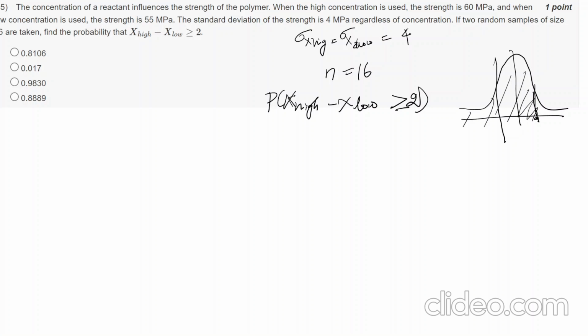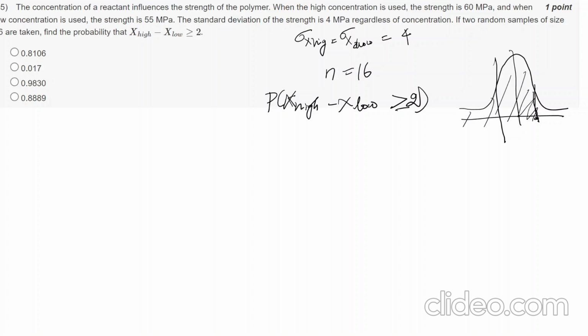Now, we are finding the probability for the difference in the sample mean. Here the sample mean for one polymer, which is high strength, is 60 MPa, and with the low strength is 55 MPa. So let's proceed. We will discuss how to solve this.